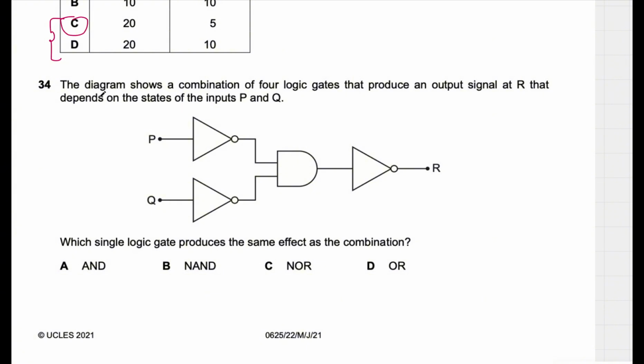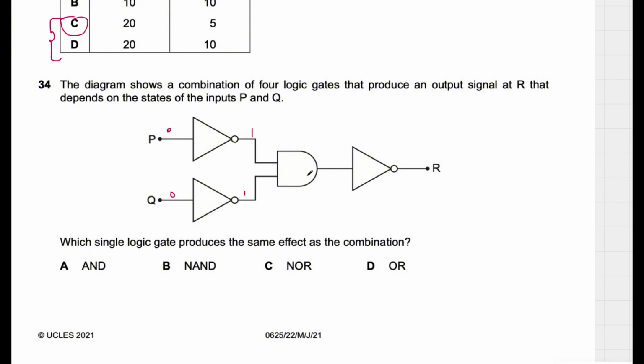Question 34. The diagram shows a combination of 4 logic gates that produce an output signal at R that depends on the states of the inputs P and Q. This is a NOT gate. NOT gate means if I put 0 here, I get 1 here.